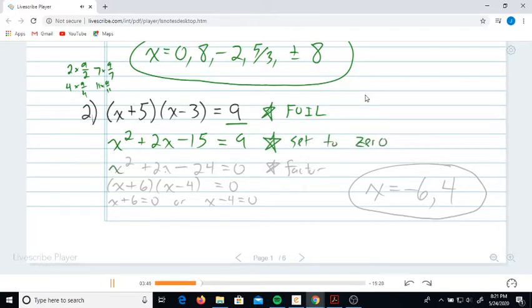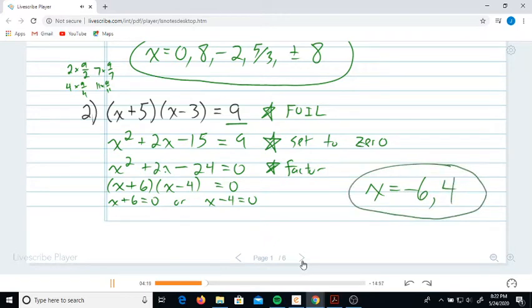So that's going to get us x squared plus 2x minus 24 equals 0. And then we're going to go ahead and factor. So when we factor that, we get x, 6 and 4 will do the trick, plus 6, x minus 4 equals 0. So either x plus 6 is 0 or x minus 4 is 0. And we get two solutions, -6 and +4.